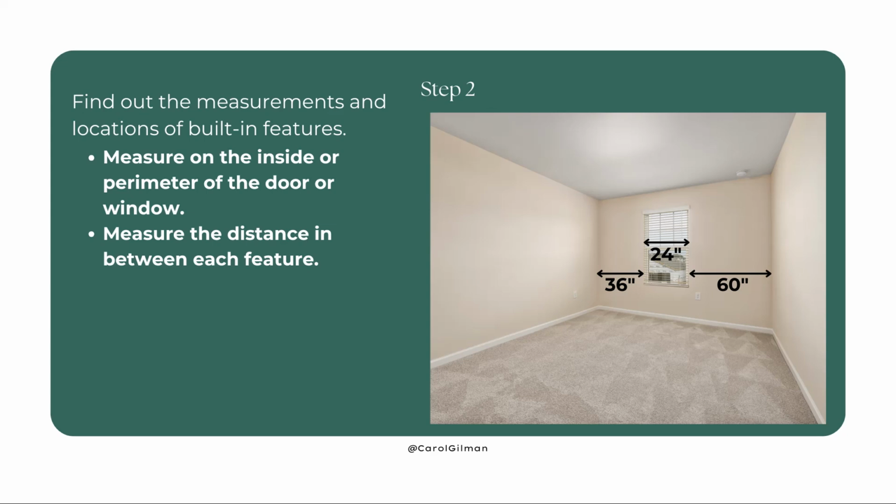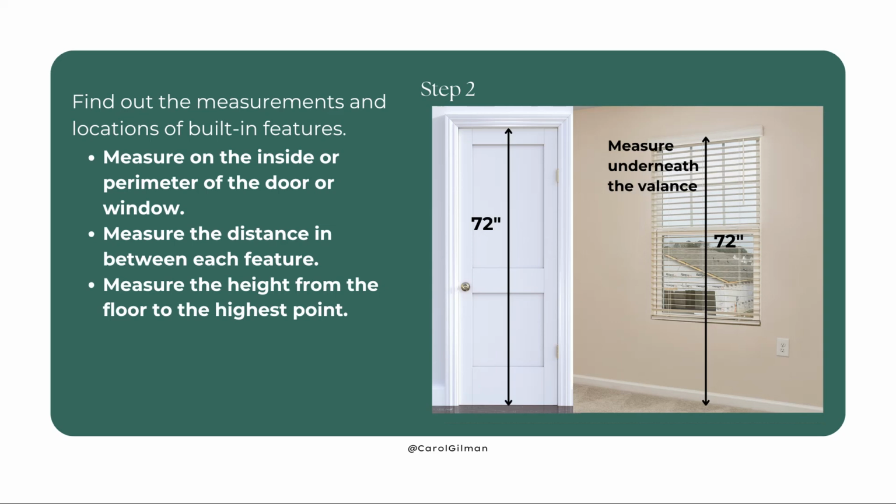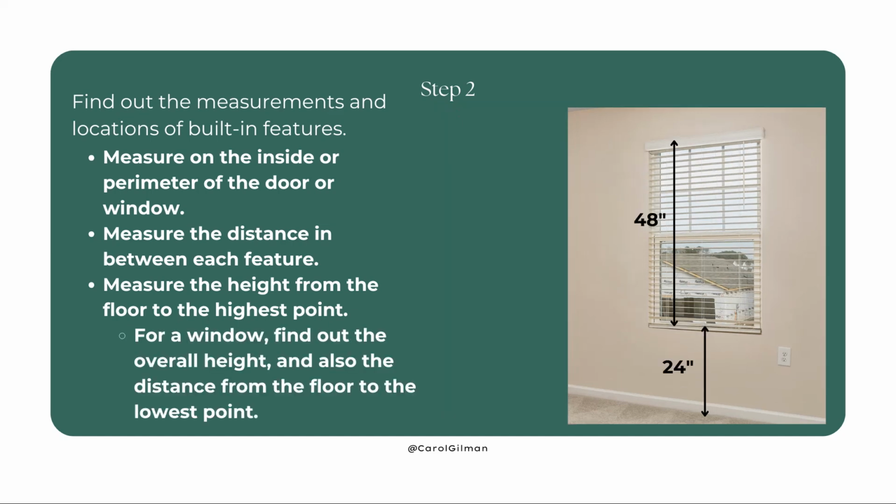While you're at it, you may as well take the height of your windows and doors, measuring from the floor all the way to the highest point of the door or window. One other measurement you may want to gather for a window is the distance between the floor and the lowest point of the window.